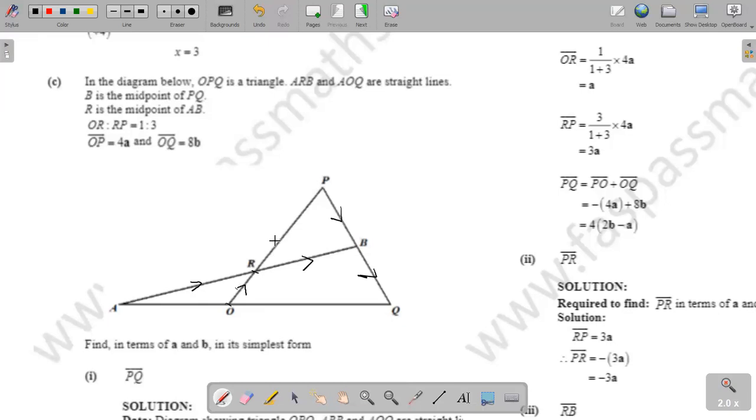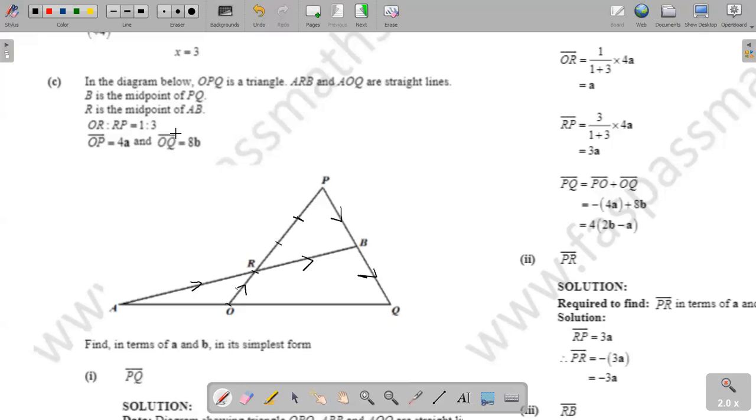So that means I have to break up RP into 3 parts, right or wrong? Everybody see that? So how many pieces does OP have in all? OP has how many parts in all? 4. Good. Everybody understand that? Because if you don't understand that, we can't do anything else.